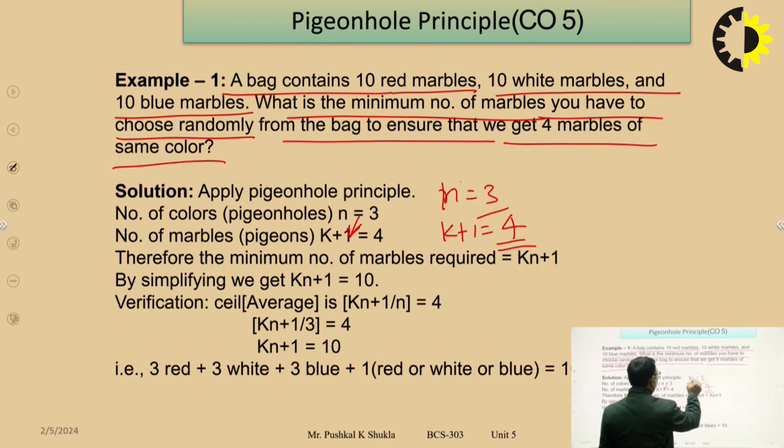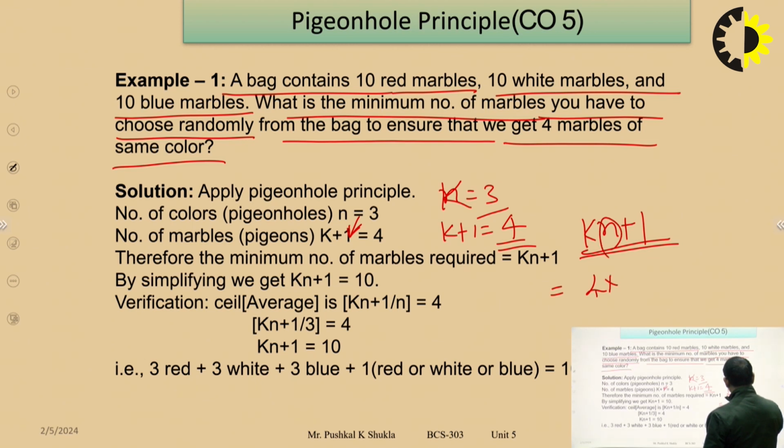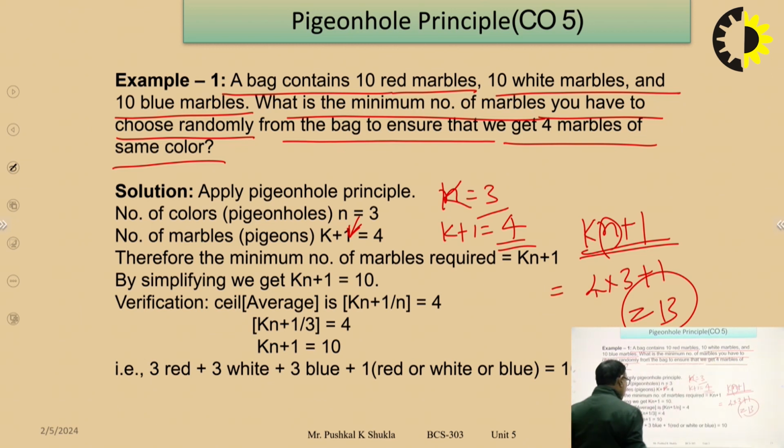And this is k. So the minimum number of marbles required will be kn plus 1. This is the generalized pigeonhole principle. So this will be 4 into 3 plus 1, 13. So this value is coming 13.